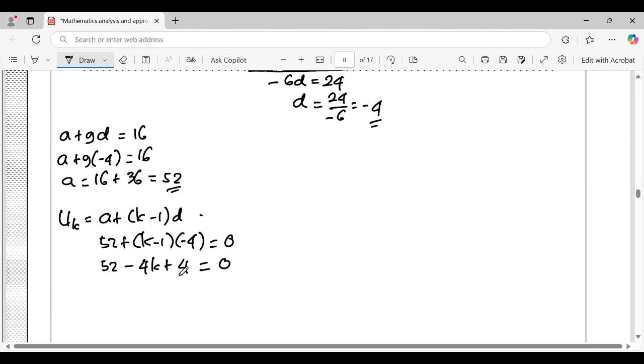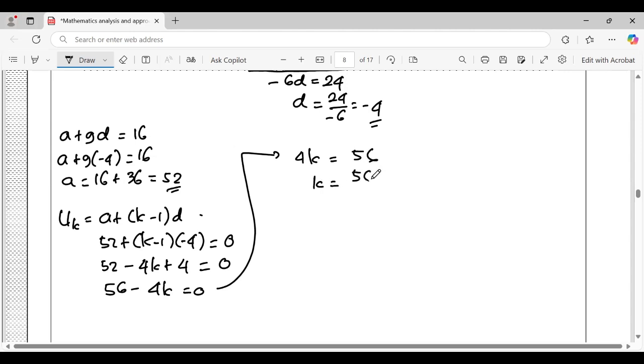So 52 plus 4 equals 56. 56 minus 4k equals 0. I'm going to continue here. Okay, 56 and k equals 56 divided by 4. It is 14.